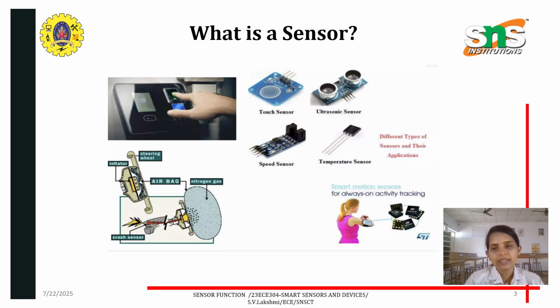The other classification is analog and digital sensors. Analog sensors work on a continuous range of values, whereas digital sensors work on zeros and ones.